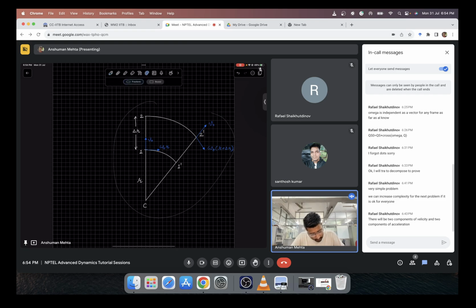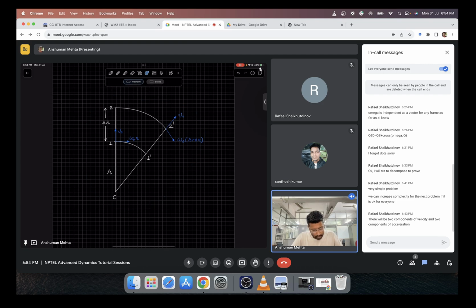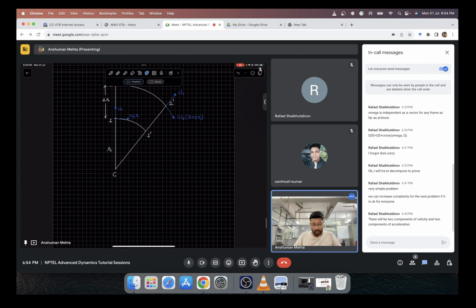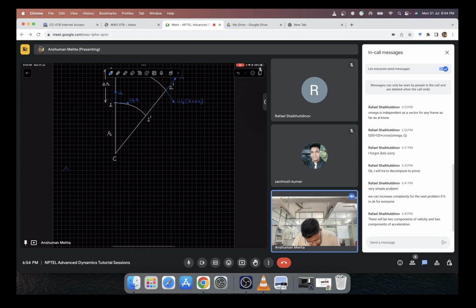So this is one way by which I am going to find this acceleration, looking at only the radial change of velocity.